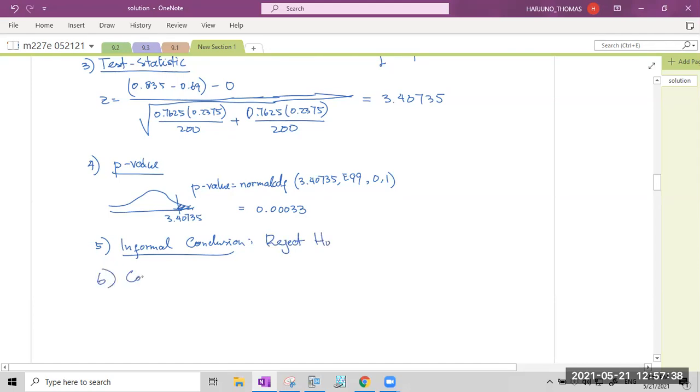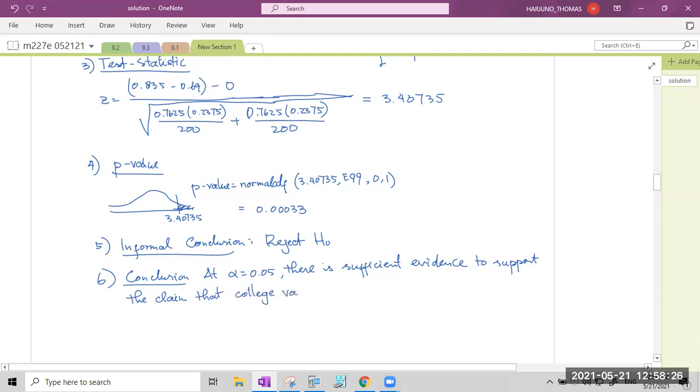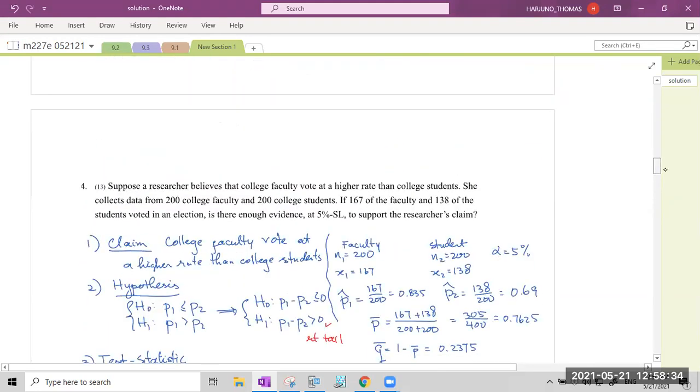And then step 6, conclusion: at alpha 0.05, there is sufficient evidence to support the claim that college faculty votes at a rate higher than college students.